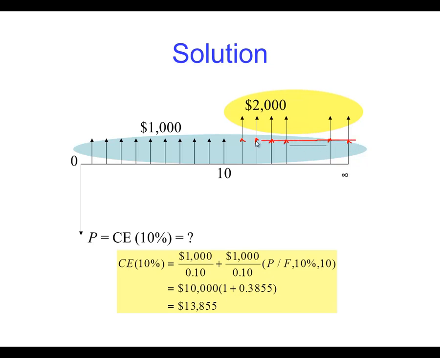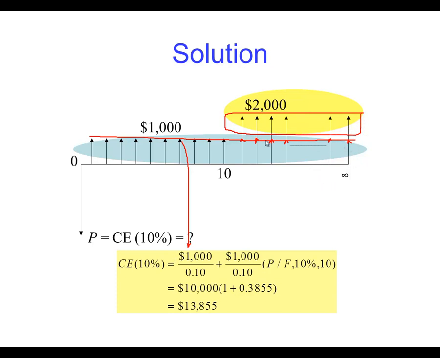Now we're done with this because we used this formula to represent these annuities. Now how about the second 1000 that's over here?